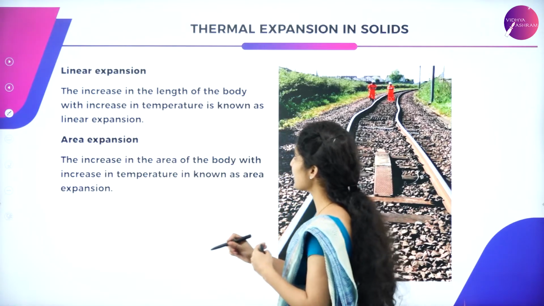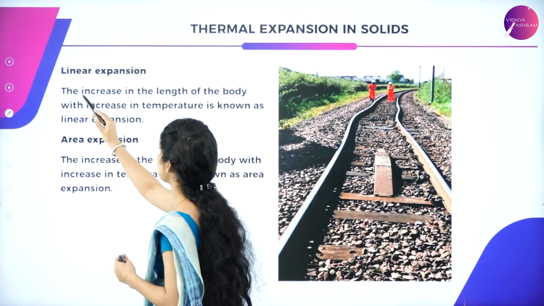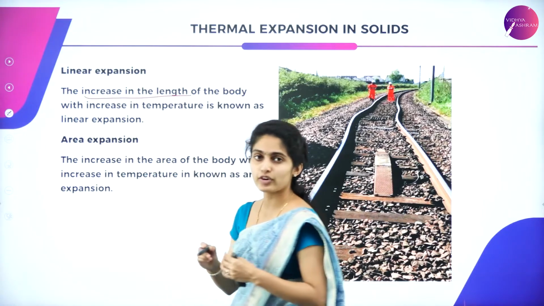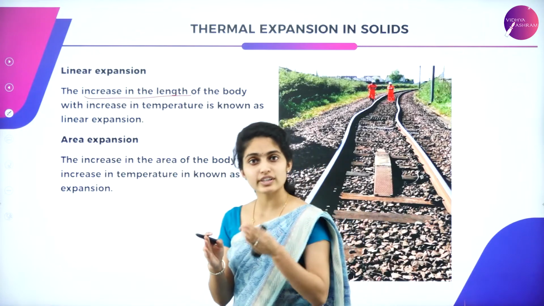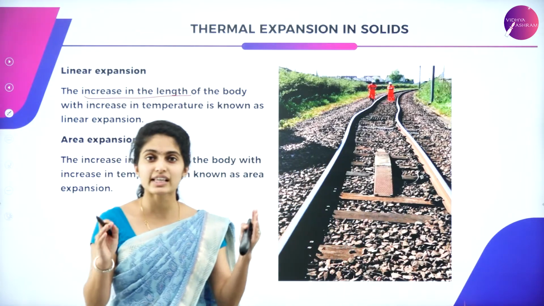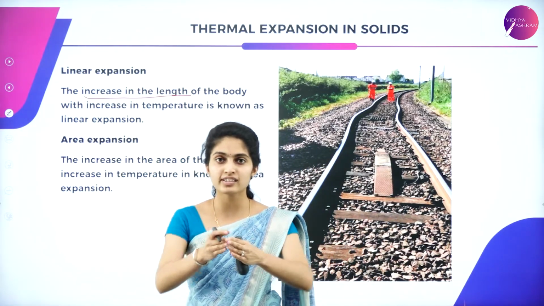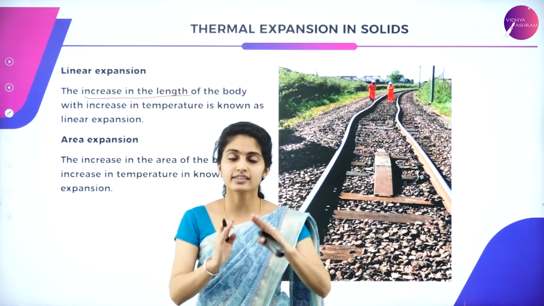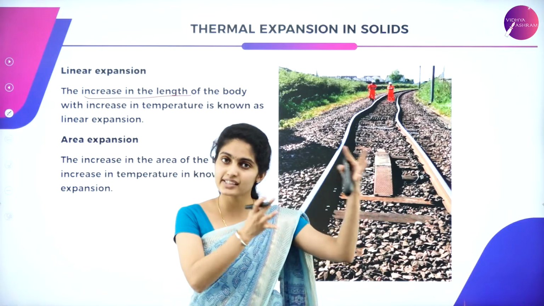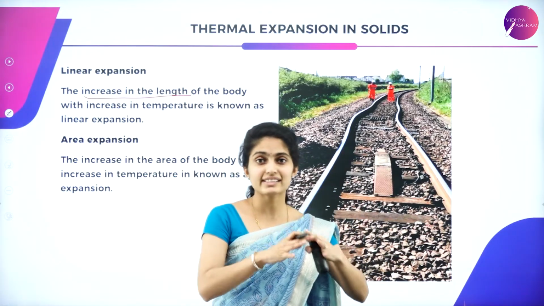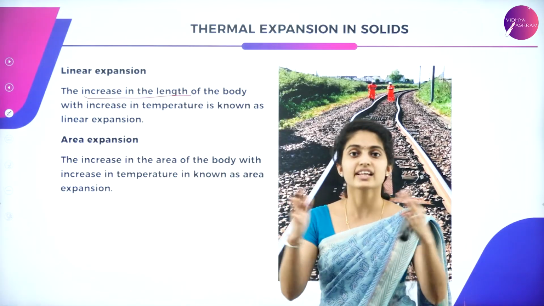Linear expansion means there is an increase in the length of the body. Lengthwise there is always an increase and not a decrease, because the term itself says expansion. For the original length, something is getting added more. That is called expanding.